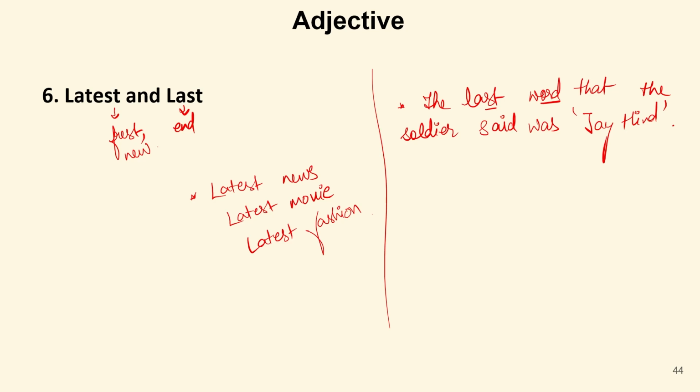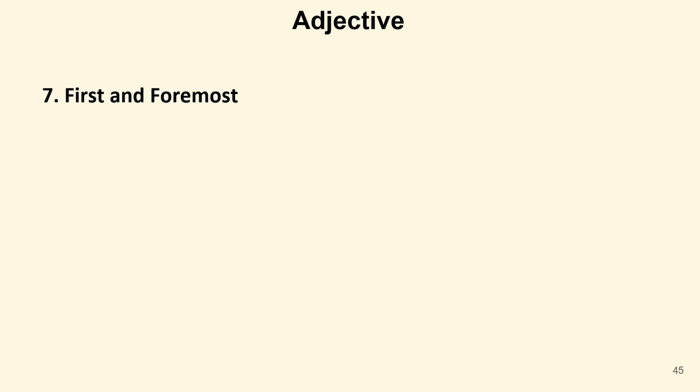Again, now first and foremost. First is actually used for the first in position and foremost is used for popularity and importance. That shows the importance of something. Whereas first is in position.